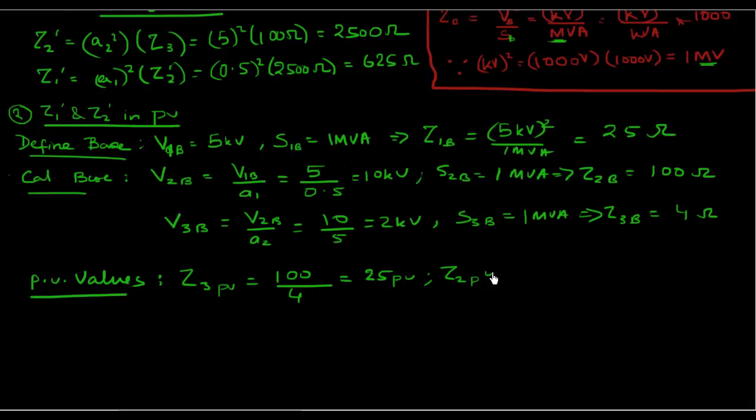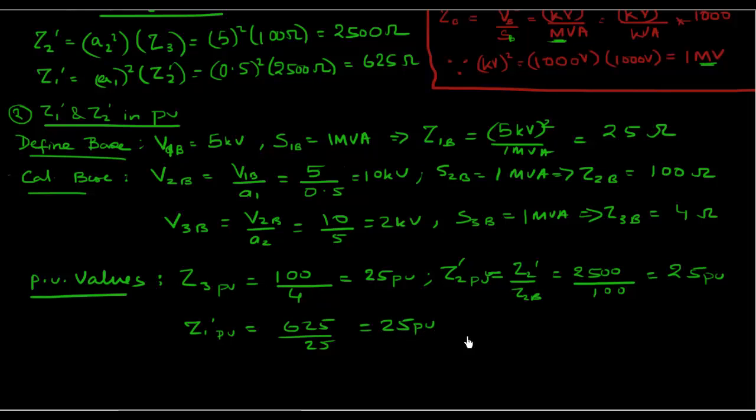Z2 prime per unit is Z2 prime over Z2 base, which is 2500 over 100, which gives me 25 per unit. Z1 prime per unit is equal to 625 over 25, which gives me 25 per unit. This is the result that I wanted all of you to see.